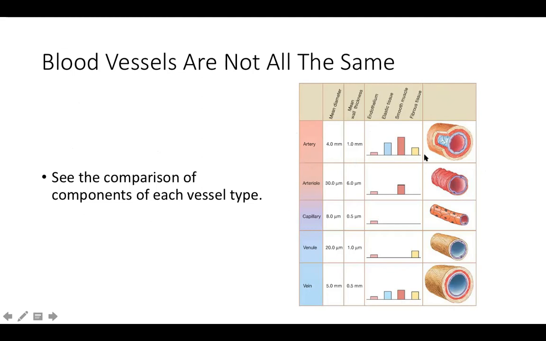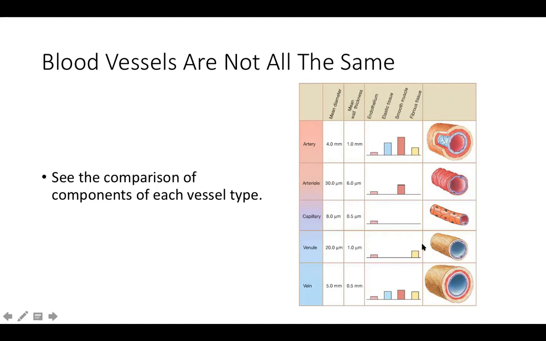The artery consists of all layers: it has endothelium, elastic tissue, smooth muscle, and fibrous tissue. The capillary only has endothelium. The endothelium is the only component that exists in every single blood vessel.